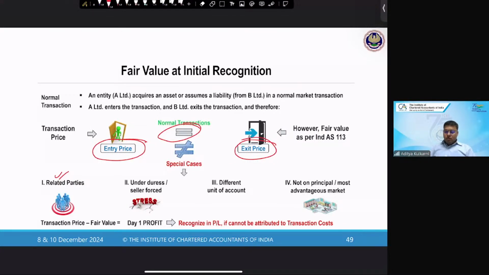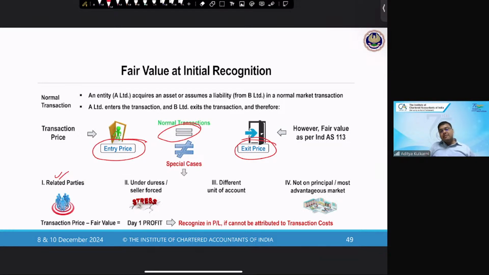For instance, I have taken a debenture liability on my head, and I want to transfer that debenture liability to my subsidiary. Subsidiary is in need of funds. So when I transfer that debenture liability to the subsidiary, I know my fair value because I am the one transferring the liability. But the other party is my own, poor fellow, he needs the money.